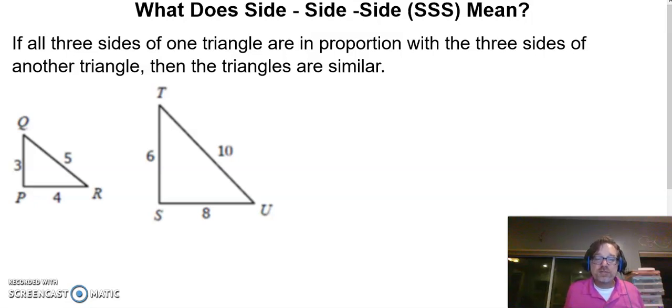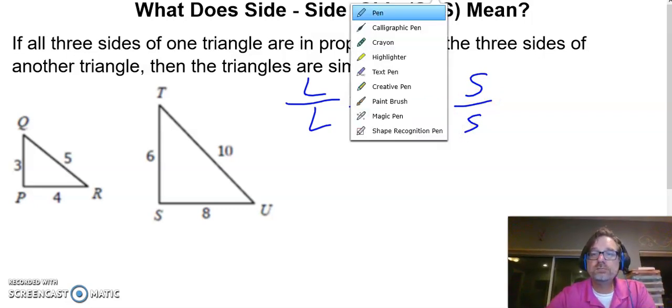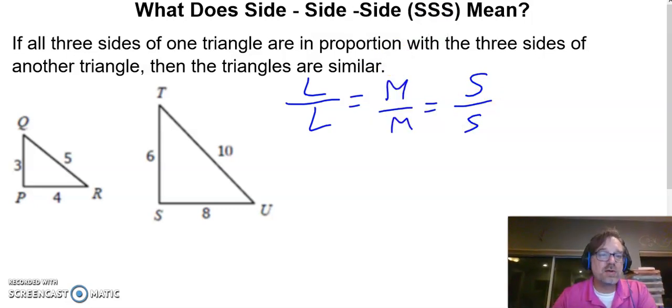All right, our second similarity theorem says side, side, side. So if 3 sides of one triangle are in proportion to 3 sides of another triangle, then the 2 triangles themselves are similar. What that means is I am going to do long side over long side, and that needs to equal the middle side over the middle side, and that will equal short side over short side. So when I write this out, on the triangle on the left, I always like to go left to right.